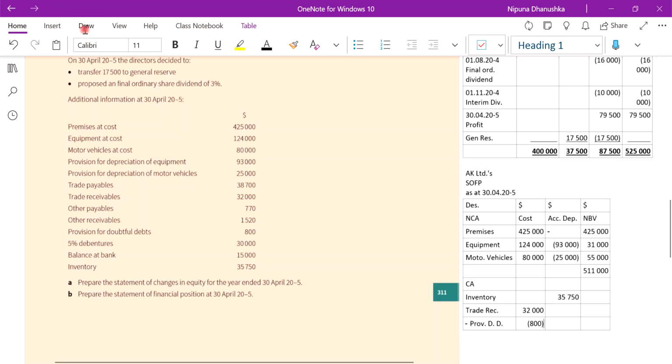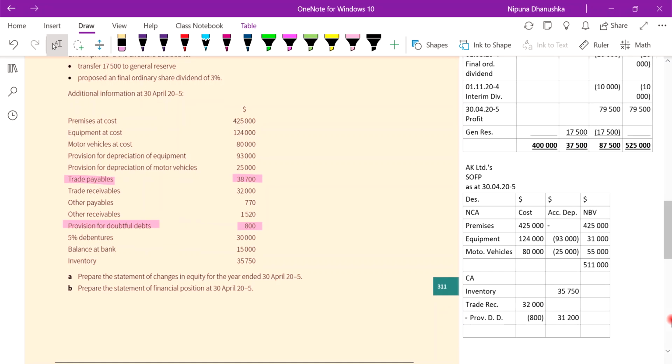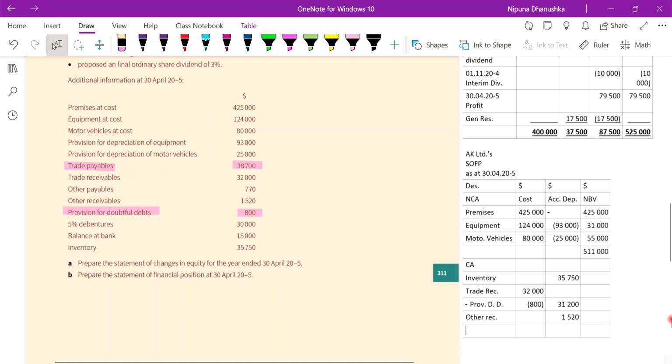So moving on to the net value of 31,200. Then we have other receivables, 1,520.